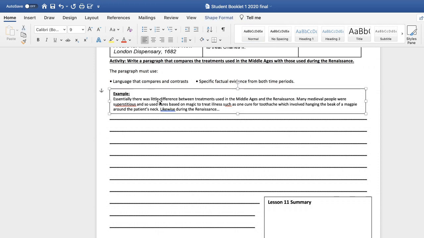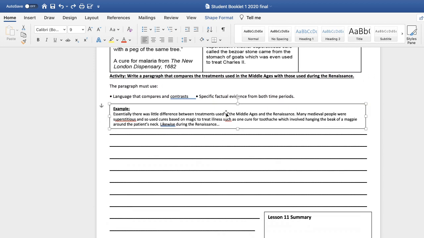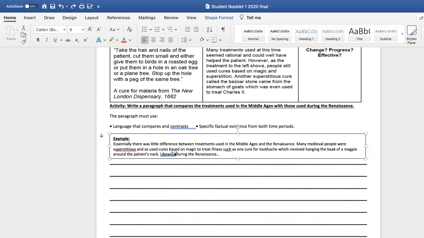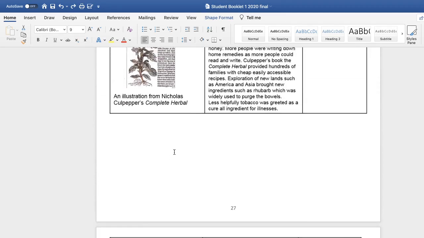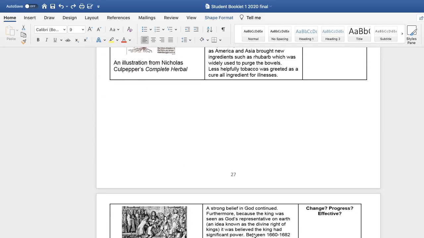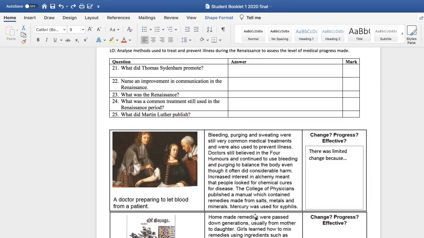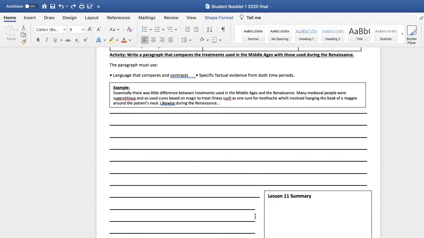Your language that compares and contrasts is here, where it says likewise during the Renaissance. You may argue that things have stayed the same or are different. However, when we're thinking about treatments used in the Middle Ages and the Renaissance, we don't see a lot of change; there's still this strong belief in God, and there's still this idea of bloodletting.